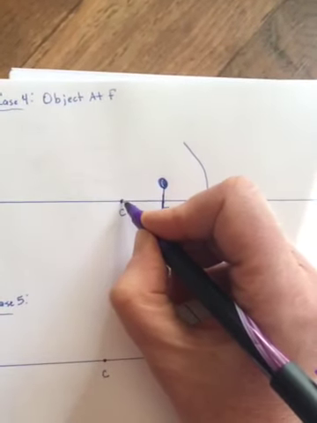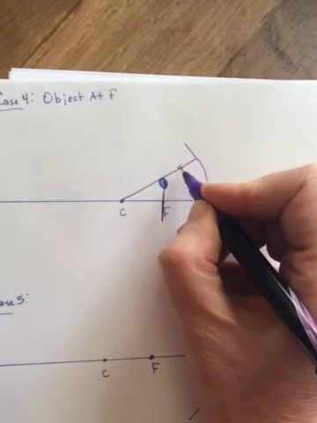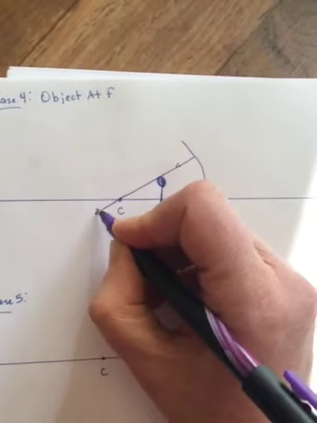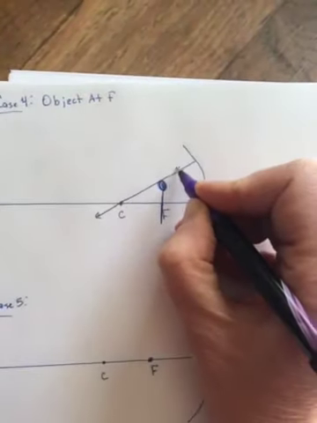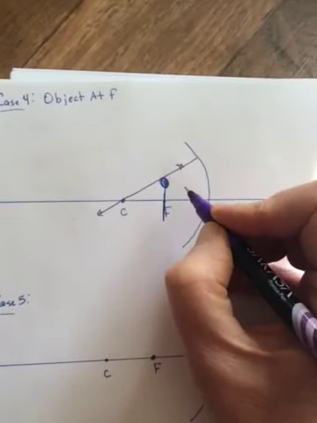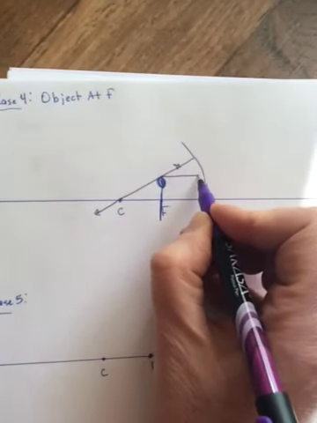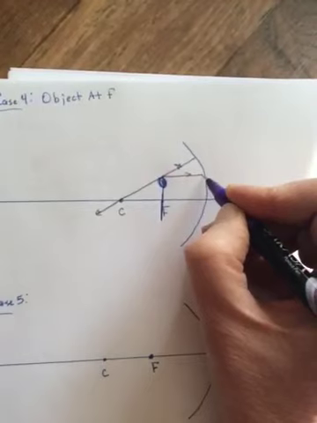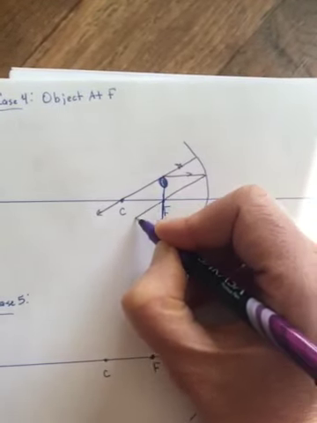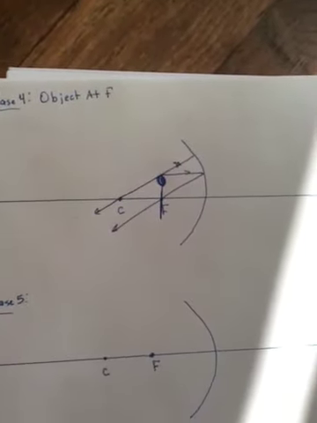But we can use the ray going in through C, going back through C. So with purple from the top, in through C, back through C. And then the other one you can use is in parallel to the principal axis and out through F. So with the same color from the top, in parallel to the principal axis, out through F. So they should look like that.